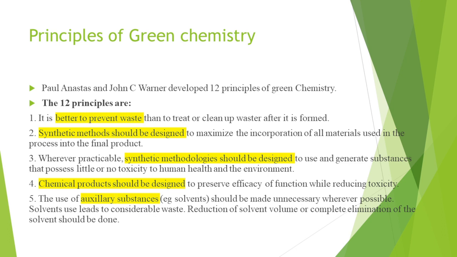Fifth principle is the use of auxiliary substances. Like in many reactions, we use solvents. So we should be able to minimize the use of it, or if it is unnecessary, we should be able to avoid it completely. Solvents can lead to considerable waste. So reduction of solvent is very important in green chemistry.